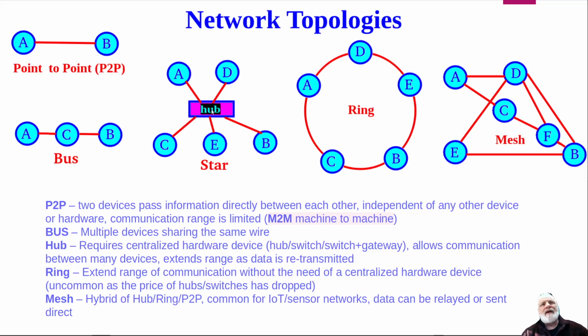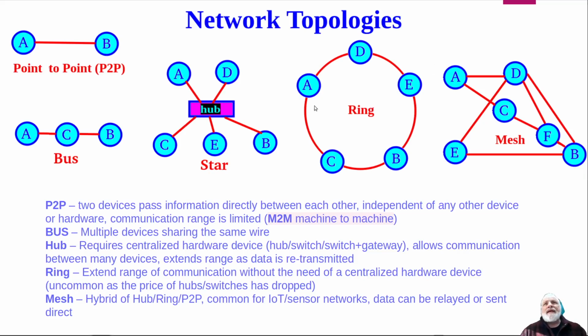The difference between a hub and a switch is that an actual hub would send the message to everybody: D, C, E, and B. But the message would have B's address, so C, D, and E would receive the message, but they would immediately ignore it because it's not addressed to them. What a switch will do is learn their physical addresses. It will say, this physical address is for B, so it will not bother C, D, and E by sending them a copy of the message. Only B would receive the message.